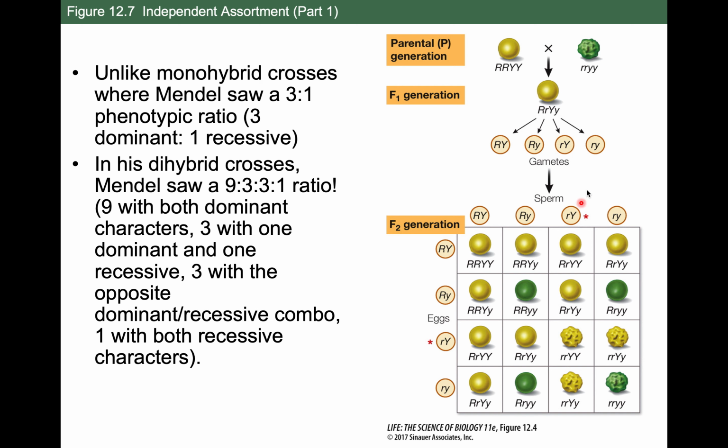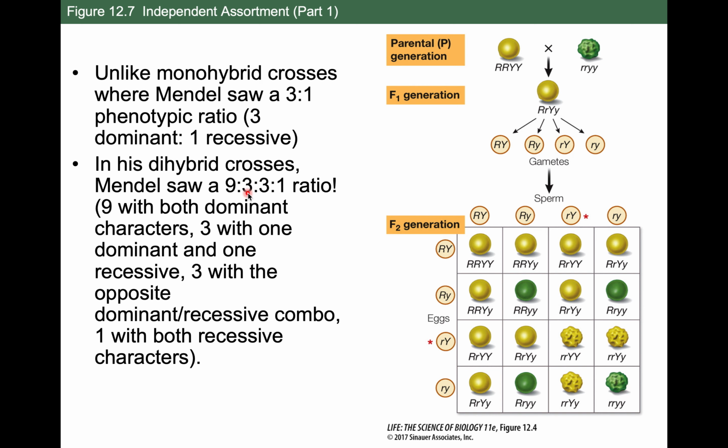Well, every time he did one of these crosses, he was getting basically 9 times as many plants that had both dominant phenotypes, right? So smooth yellow, look like that parent plant. 9 times as many of those as he was of the plants that look like the recessive parent, so had both recessive phenotypes, wrinkled and green.